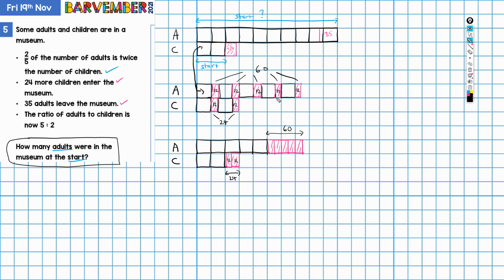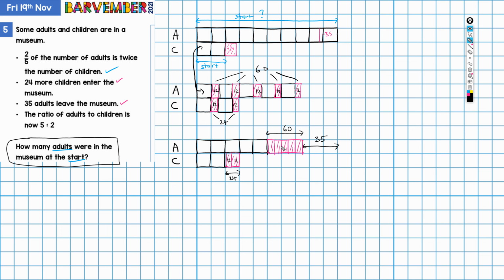Okay, and now here we've got 1, 2, 3, 4, 5 parts. Well, we know that these make up for some of what's missing of the 5 parts, so they're taking up some space. And then we have a gap here which must be accounted for by the 35 that we lost.